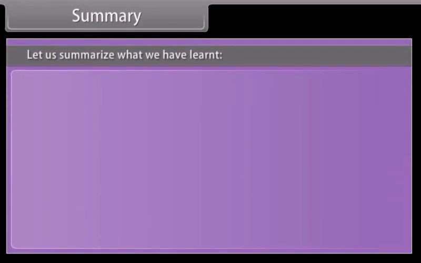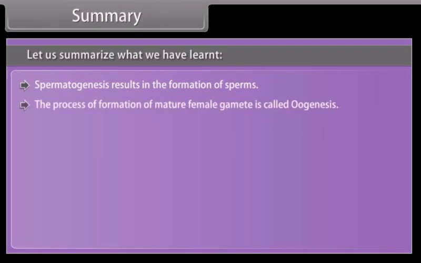Summary. Let us summarize what we have learned. Spermatogenesis results in the formation of sperms. The process of formation of the mature female gamete is called oogenesis. The female reproductive cycle is called the menstrual cycle.